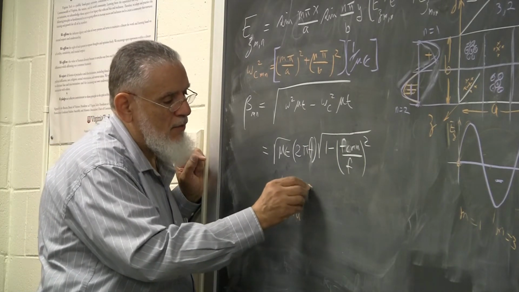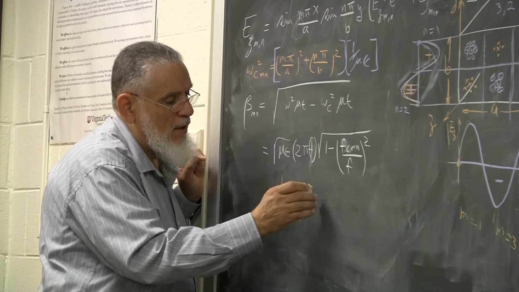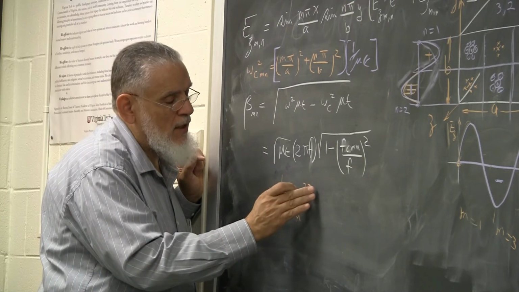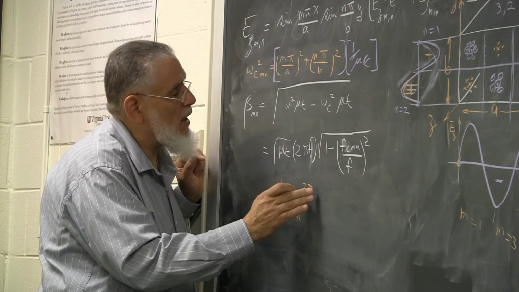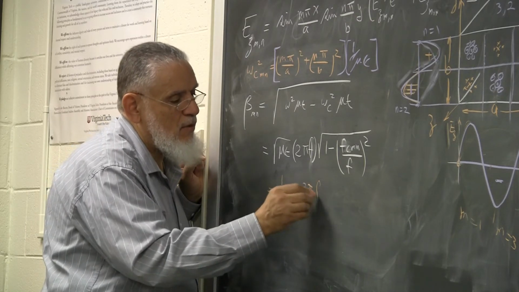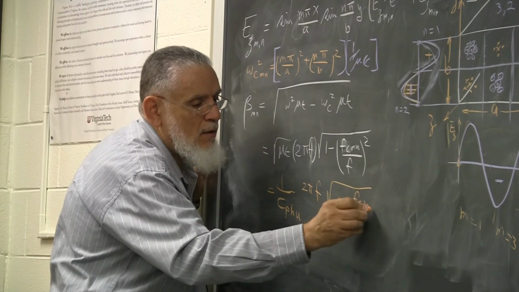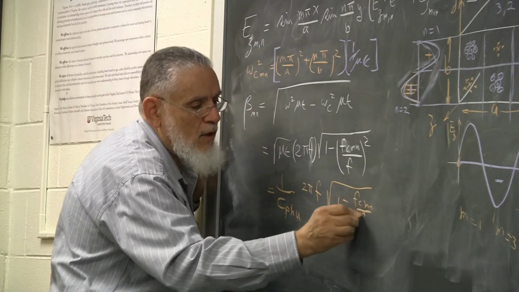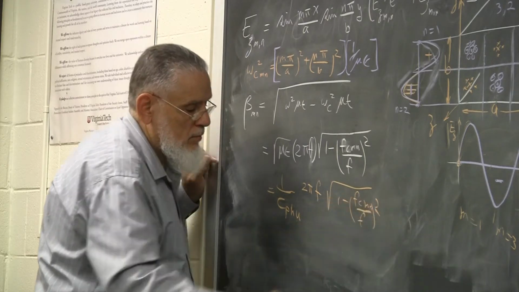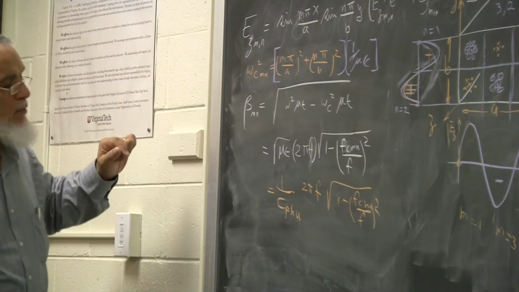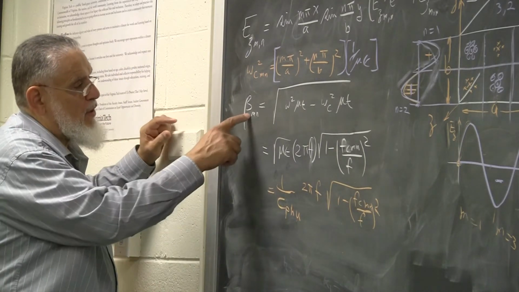And that's 2 pi f. I can leave it as omega for now. No, let's keep it that way, all right? Times the square root of 1 minus f sub c mn over f whole square. And that's 2 pi over lambda.